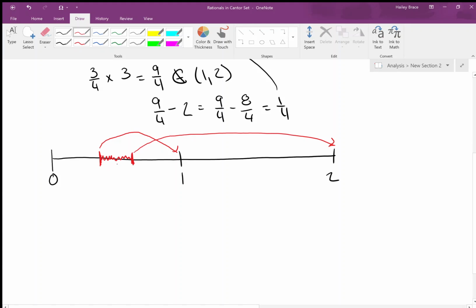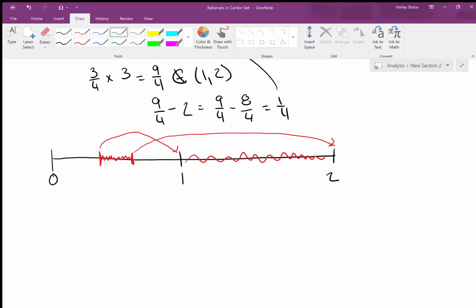And so anything that's in this middle interval that's going to be deleted is going to end up being in the interval between 1 and 2 when you multiply it by 3.